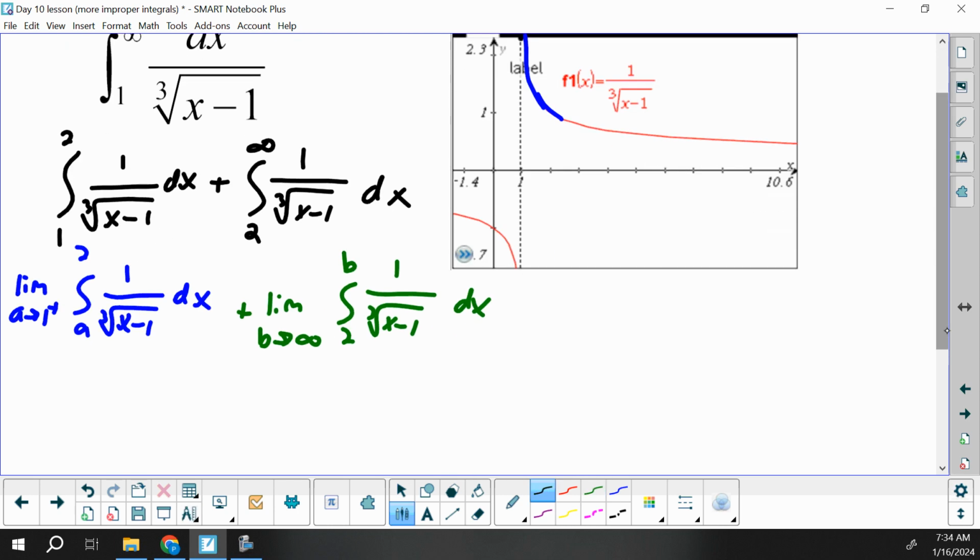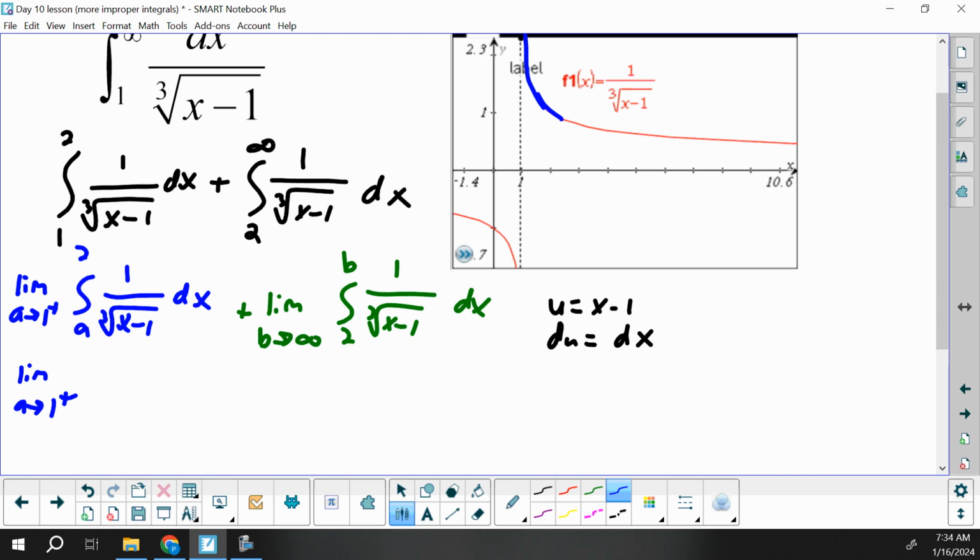So we technically have a little u substitution here. So I'm going to go ahead and let u equal x minus 1. Du is going to equal just dx though. So we're going to have limit a approaches 1 from the right.